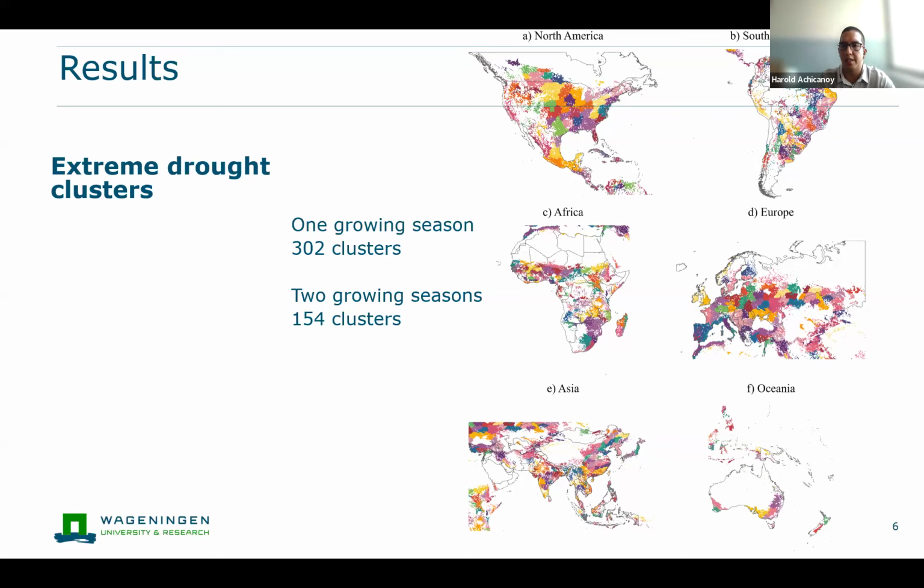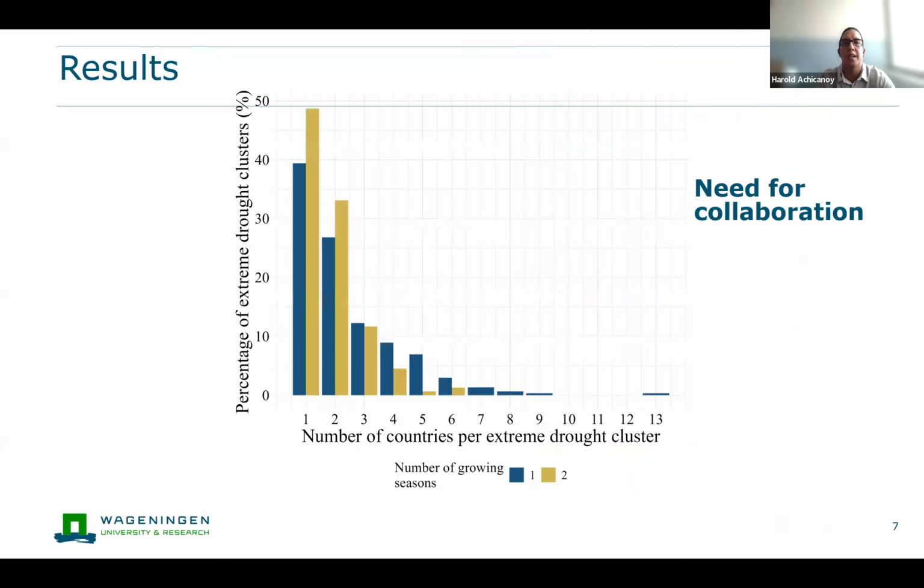So as you can see here, the colors are not telling us anything but are telling us about the different locations where those clusters are located.